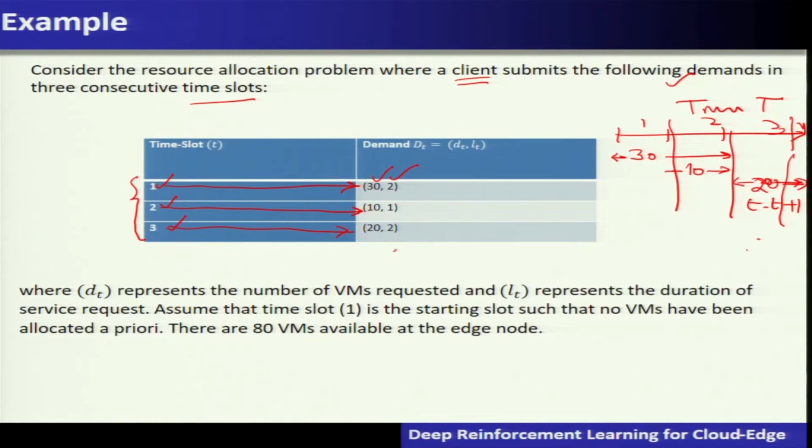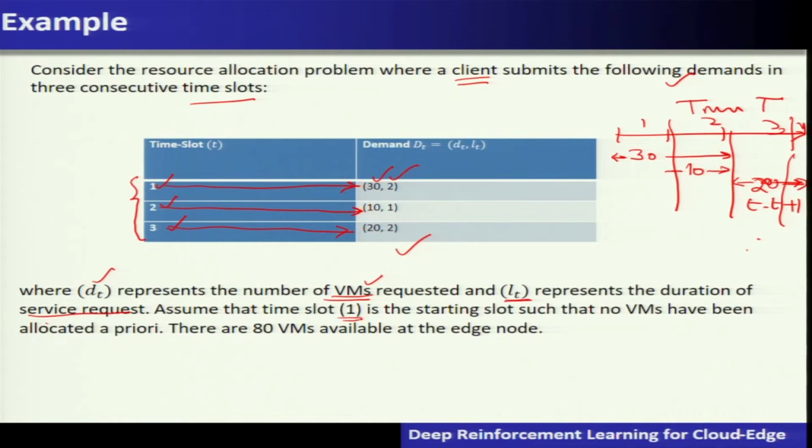So, this is shown here, where small d_t represents the number of virtual machines which are requested. Let us say that the resources are represented by virtual machines and l_t represents the duration of the request for those resources. That means the computation required for this duration is represented by l_t.